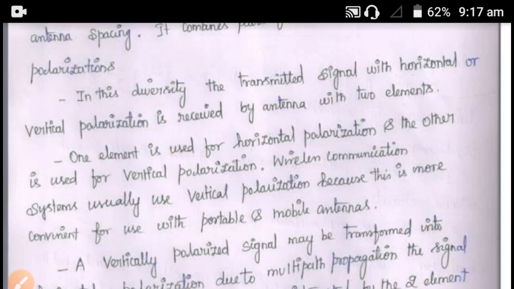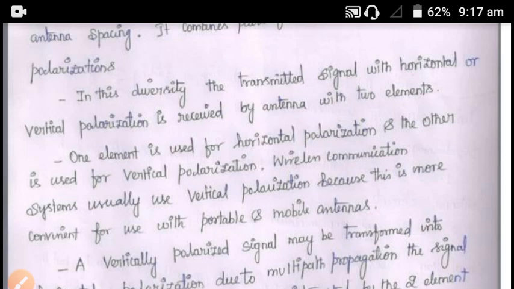From the transmitter to the receiver, on the receiver side they are receiving two diversity branches, horizontal or vertical polarization, with two elements. One element is used for the horizontal polarization, and the other one is used for the vertical polarization.